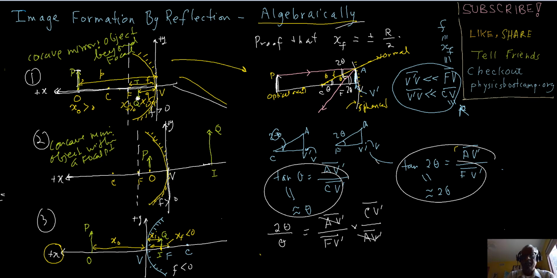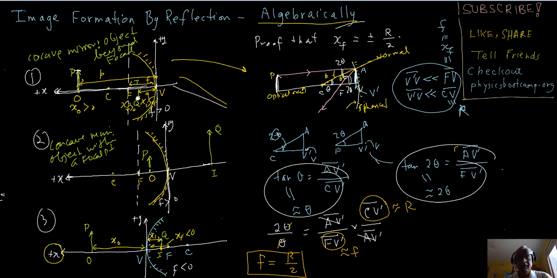So AV prime cancels out, and because of this approximation, this one is just R, and this is just F, and theta cancels out. So bring F on this side, 2 on the other side: F is R over 2. So that's how you know where the F is.